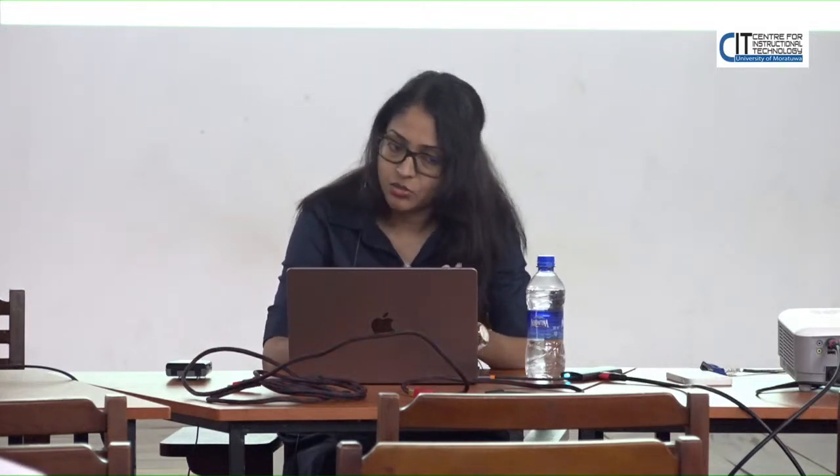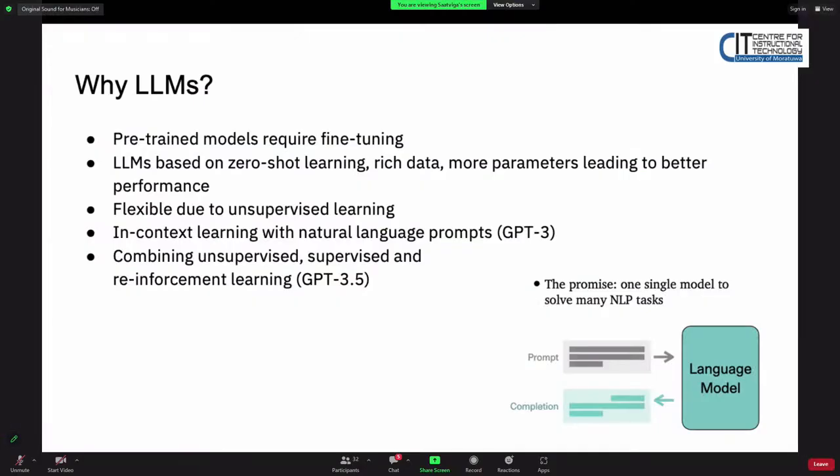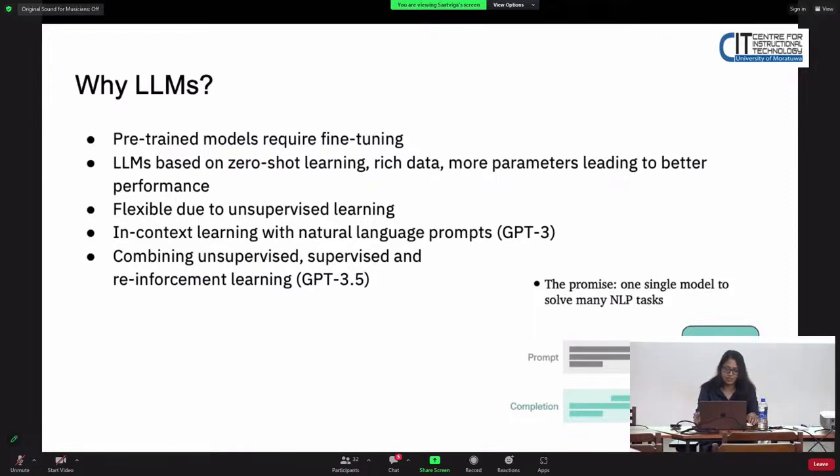And LLMs are based on zero-shot learning. There's more and more data that's fed into it. There are more parameters leading to better performance. And it's quite flexible because it can learn in an unsupervised manner, and you can give it large amounts of text.